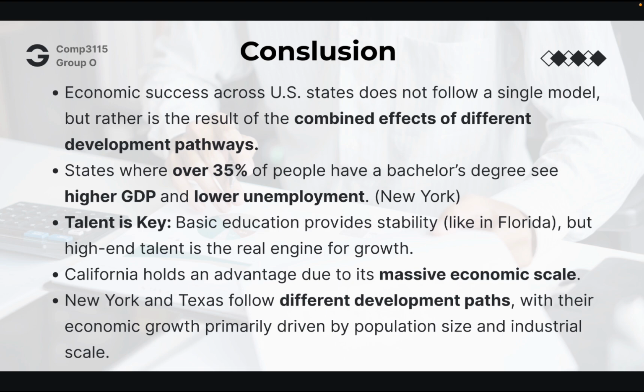Basic education provides stability, like Florida, but high-end talent is the real engine for growth. California holds an advantage due to its massive economic scale. New York and Texas follow different development paths, with their economic growth primarily driven by population size and industrial scale.